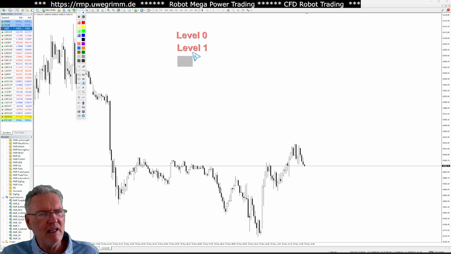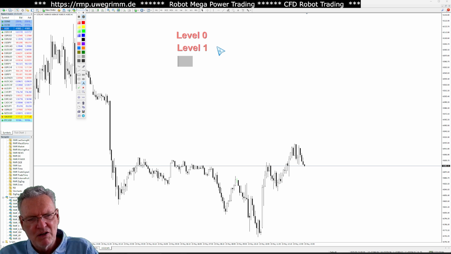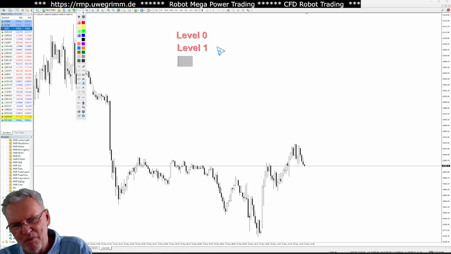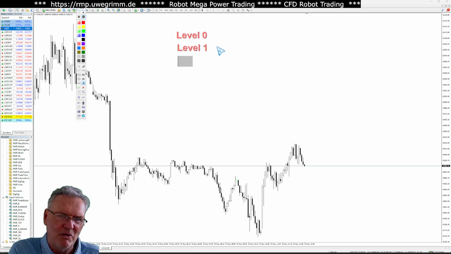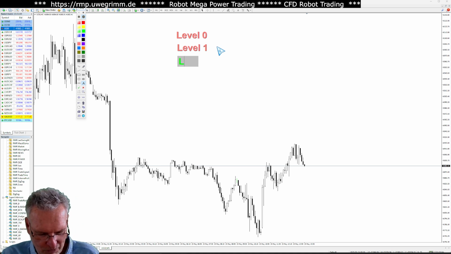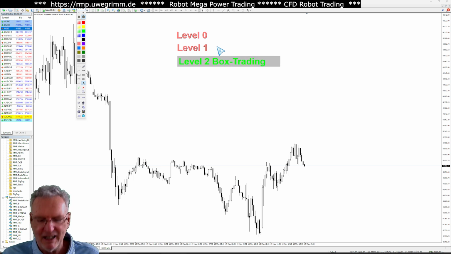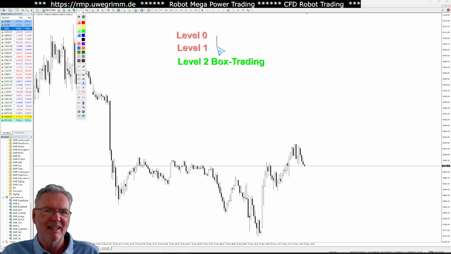This will not take a long time, but I want that we build up from 0 so we can learn the MetaTrader, then the first steps in trading, then the first robot, the easy understanding robot, which is still not making box trading. And then we go in level 2. Then it gets highly interesting, and then comes the box trading. I will not say that the other trading is not interesting, but box trading is very interesting.